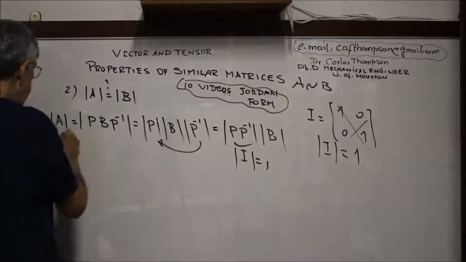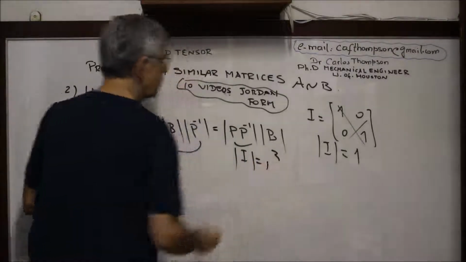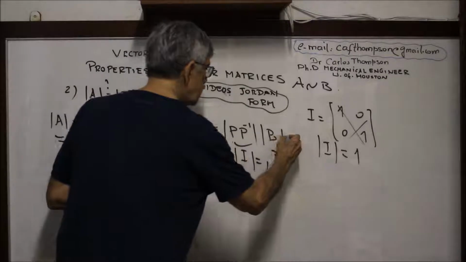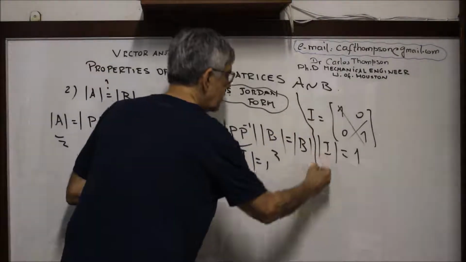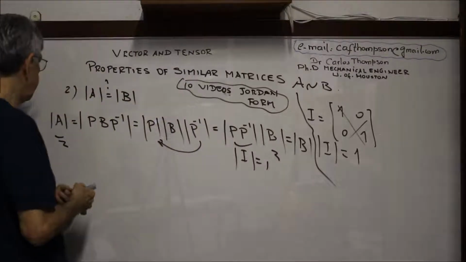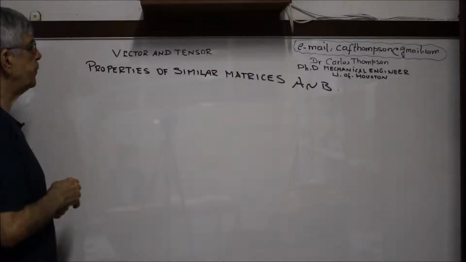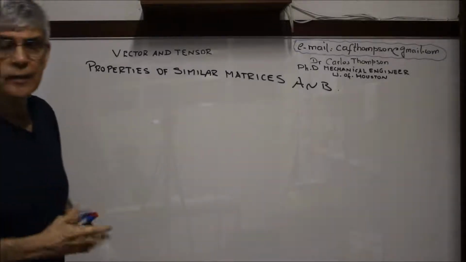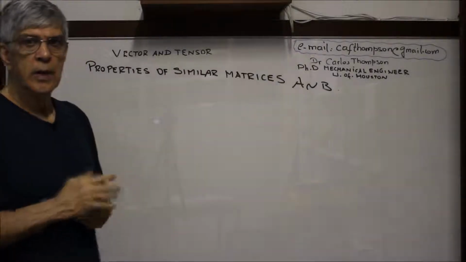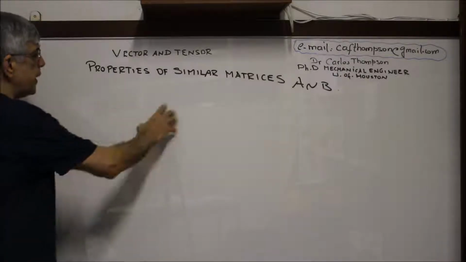So determinant of A is equal to determinant of B. Okay? That's the second property.